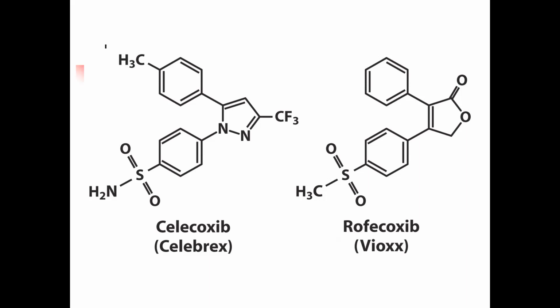Some prostaglandins help, for example, in the GI tract. Prostaglandins help with mucus production. They help with bicarbonate production. They therefore protect the GI tract from acid, and they also increase blood flow through the GI tract. If you inhibit prostaglandins, now you increase the tendency of the stomach to experience peptic ulcer disease.